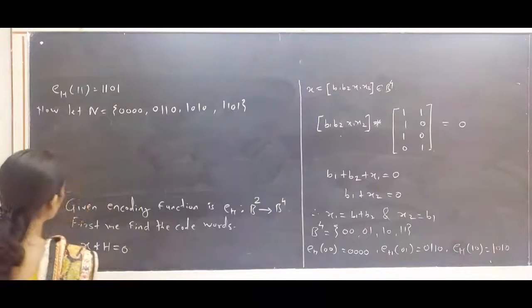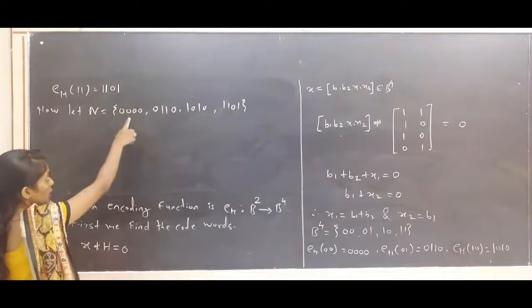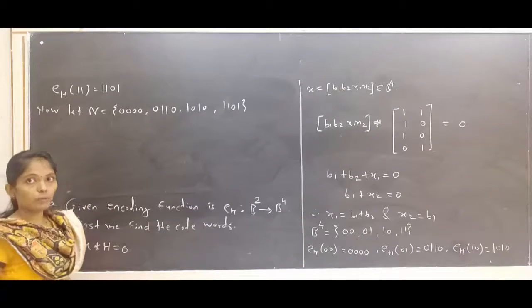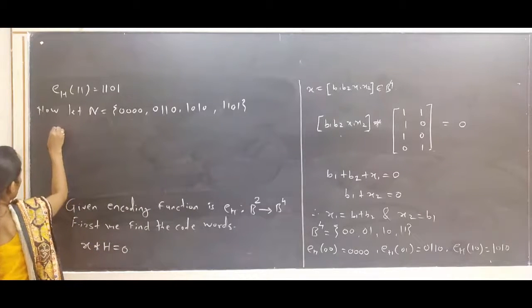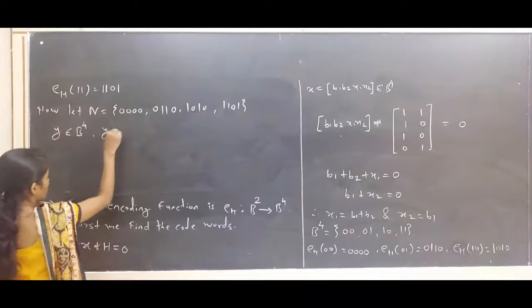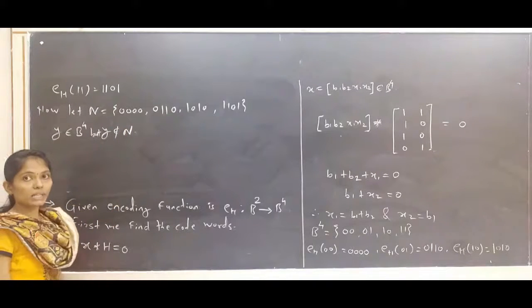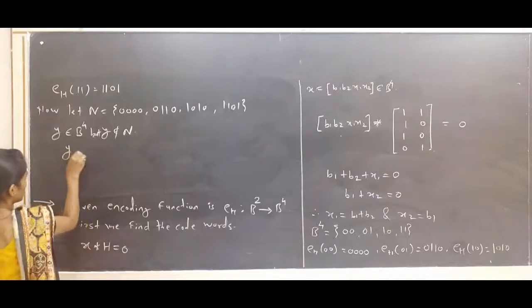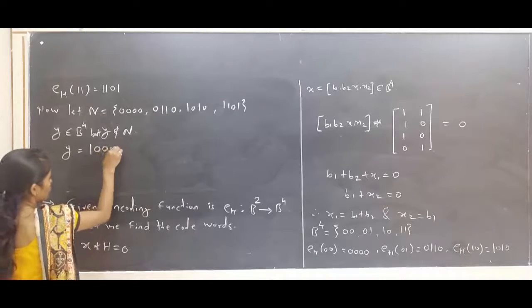So for the decoding table, we want to select y which does not belong to N and whose weight is minimum. So now we take y belonging to B^4 but y does not belong to N and whose weight is minimum. So here we take y equal to 1000.